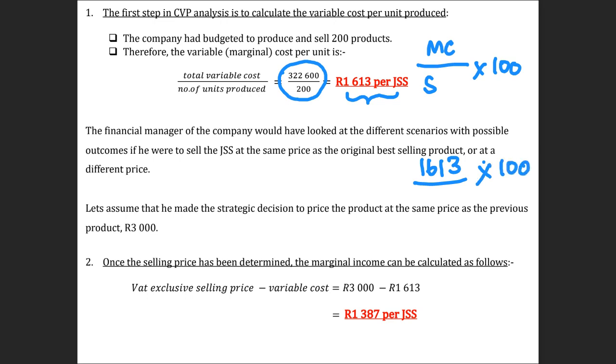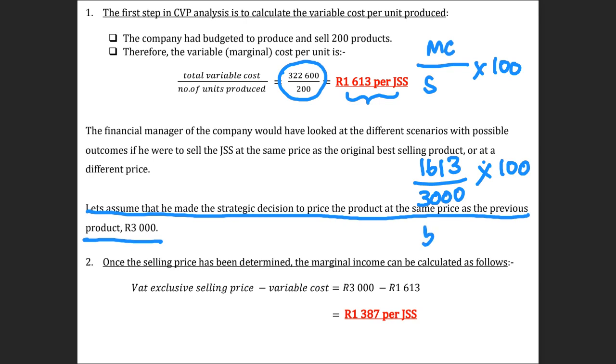Here they said that the company's financial manager had decided to sell the product at 3,000 Rand. So now you would take that 3,000 Rand as your sales figure. That would be your denominator. And so 1,613 divided by 3,000 multiplied by 100 would give you 53.77%.